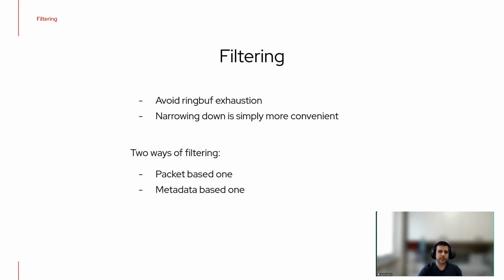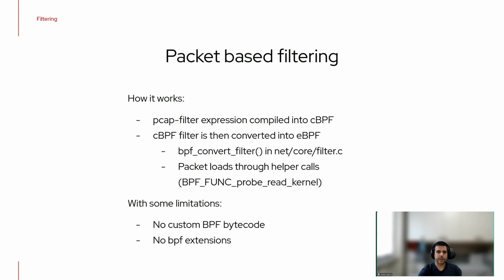We then implemented two ways of filtering during the capture process. One way that is essentially packet-based, and so matches happen against the packet header, and the other that's based on skbuff fields. The idea of packet filtering was mostly inspired by the BPF converter in the kernel, and what we do is compile a pcap filter expression into cBPF, simply using libpcap.